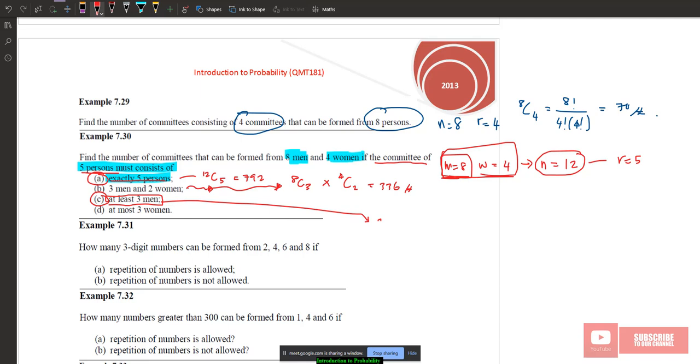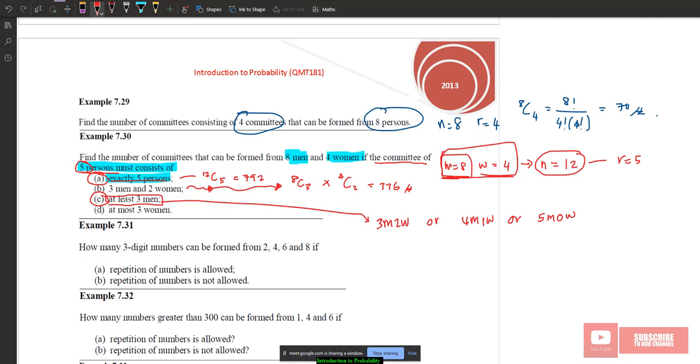So it means either 3 men and 2 women, or 4 men and 1 woman, because we want to select 5 committee members only. So the total of these two should be 5. Or 5 men, 0 woman.